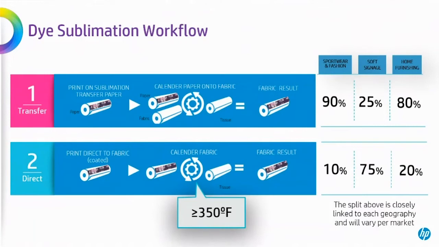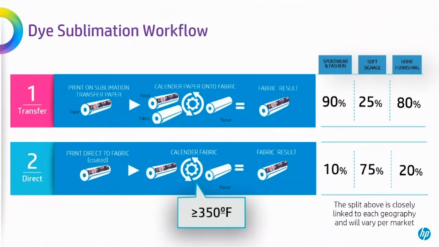Under the direct category, you print on the fabric. The fabric goes to the heat press with the tissue paper, so you don't mark up your belt on your calendar. The end result is the same roll, but the color is bloomed, and it looks way better than it did when it was printed.